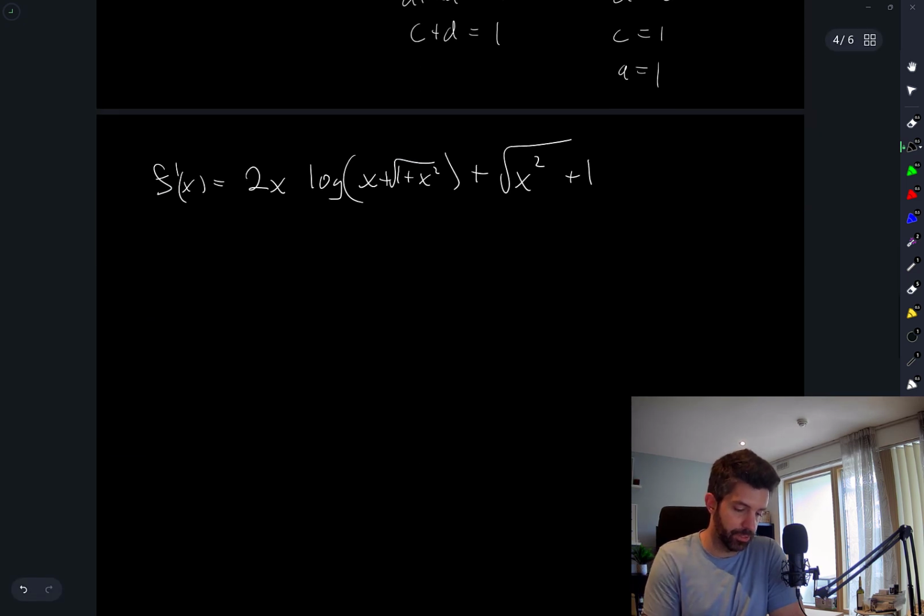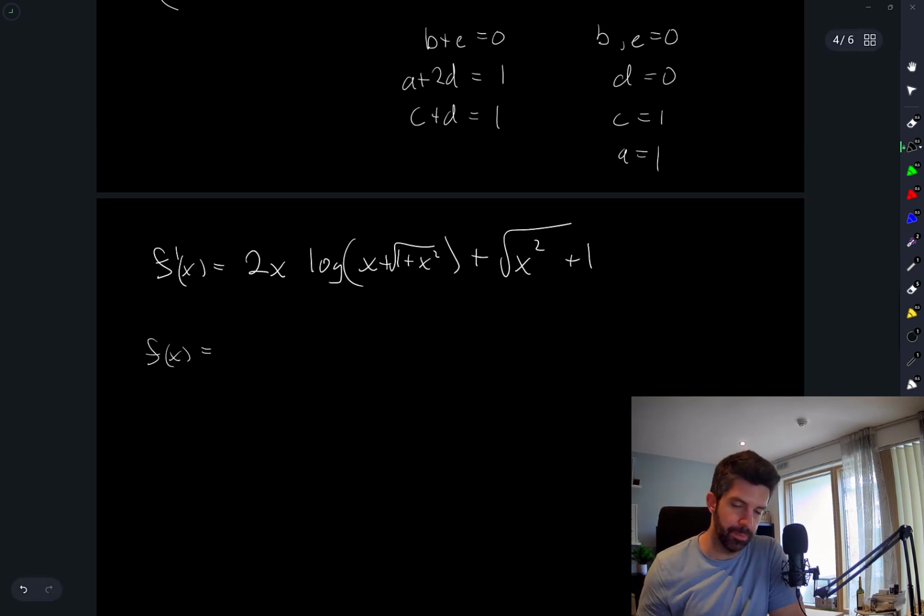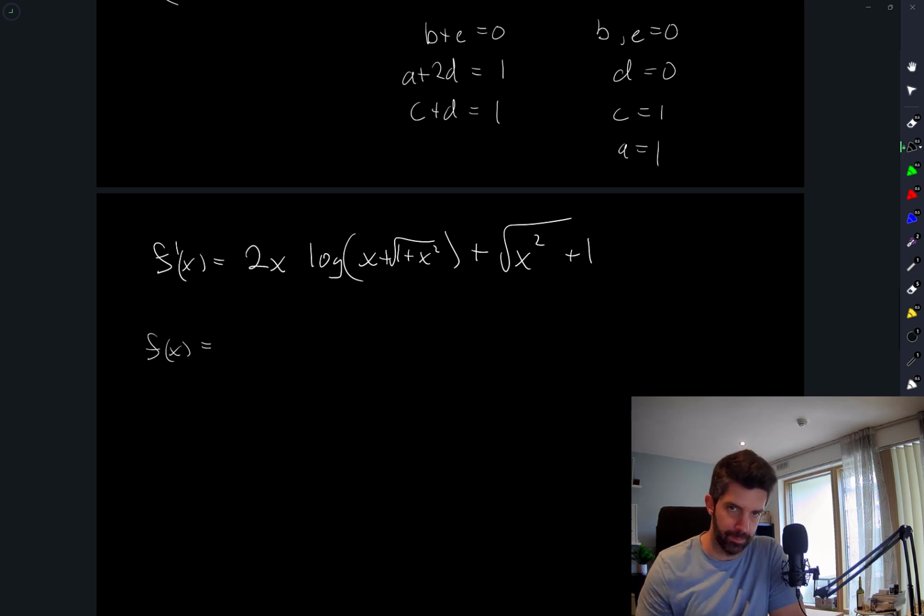So then the original function, I'll just copy it from what I have written on the message. A is 1, so that's x squared. B is 0, C is 1, x squared plus 1 times log. Oh, wait a minute. I see.